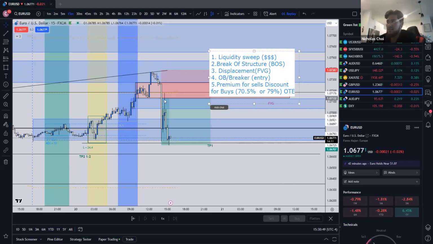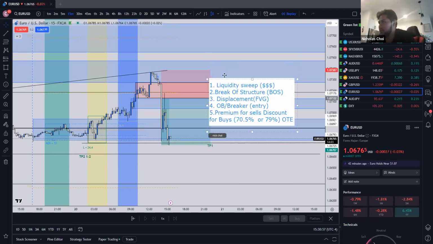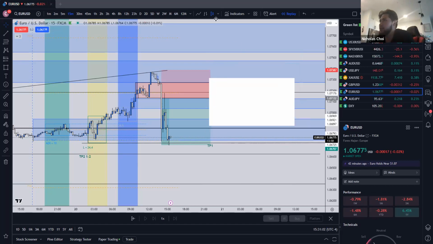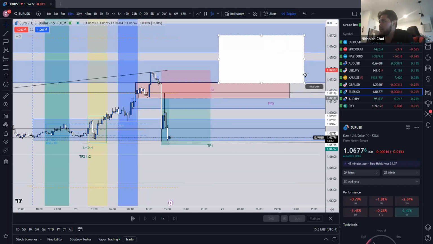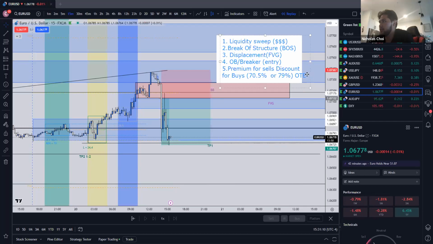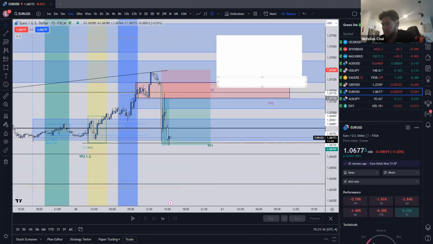Because remember, this is only because I know what's going on the higher time frame, which is actually something I forgot to mention on this thing here. So I'll fix that. You want a higher time frame zone. That's important. And then 6 is the liquidity sweep is into a higher time frame zone.